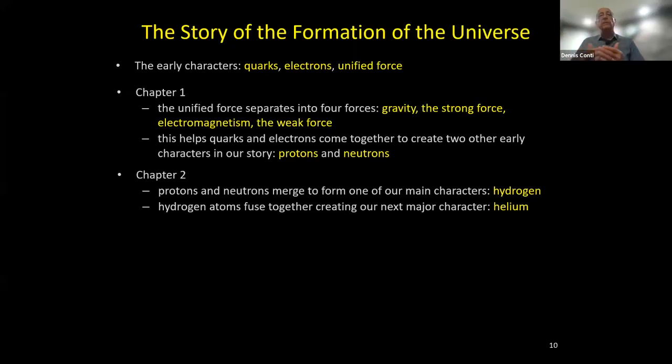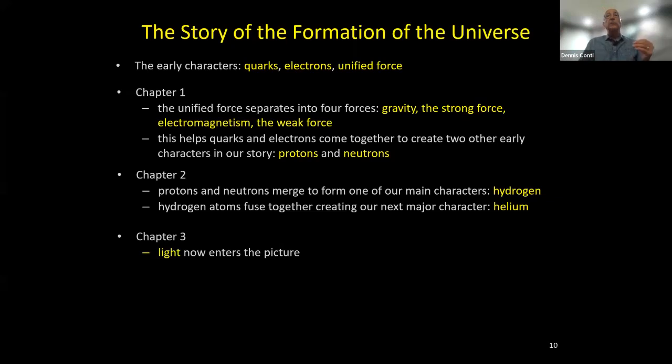So the story of the universe is one where we have some very initial particles coming together via different forces to start forming the very elementary atoms in our universe, hydrogen and helium. We're going to go through in a minute some of this more detail.